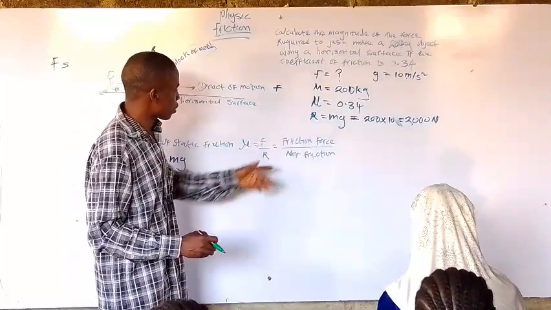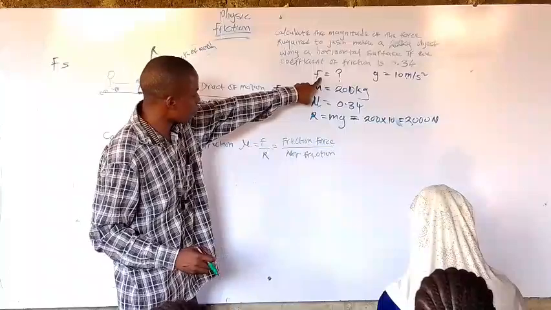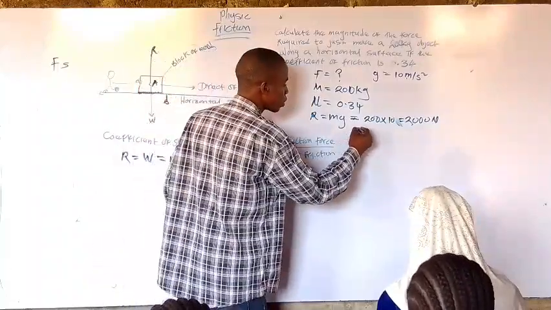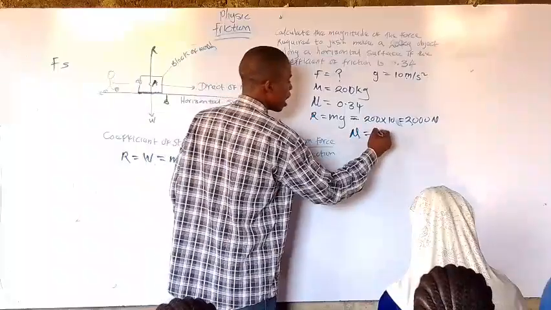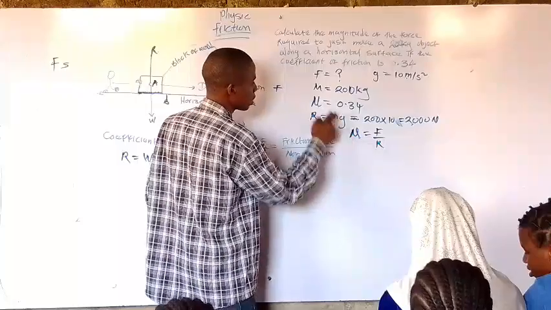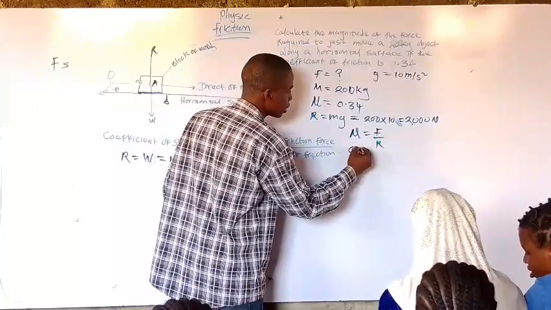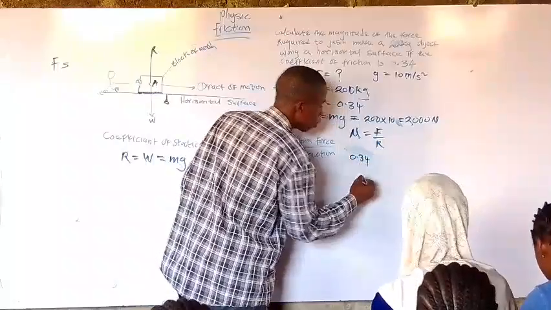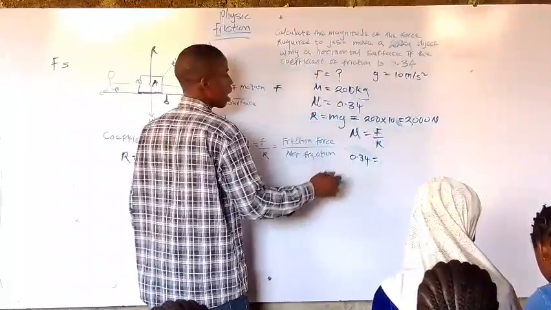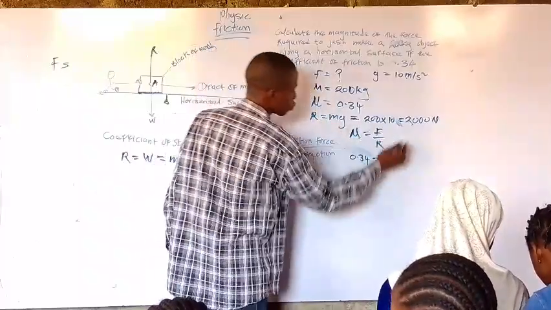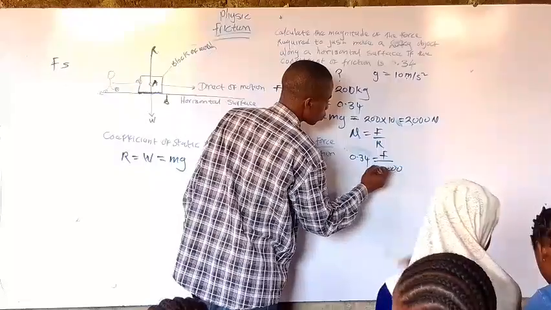Now, after that, remember they are asking for this. That's why we apply this formula. The formula is friction coefficient equals F over R. Our coefficient is 0.34. So 0.34 equals F over R. What is our F? We don't know. Our normal reaction R is 2,000.